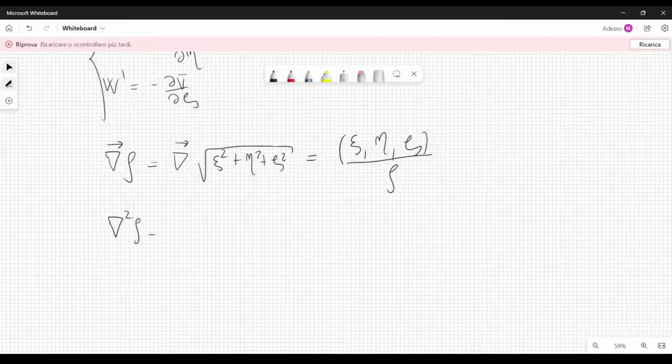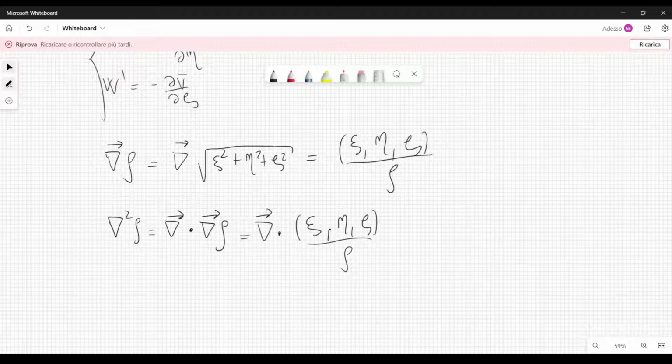Laplacian of rho is equal to the divergence of the gradient of rho. So this is the divergence of the vector that we just calculated, xi, eta, zeta divided by rho. And if you take the divergence, it's quite easy. First, you take the derivatives of this vector here.